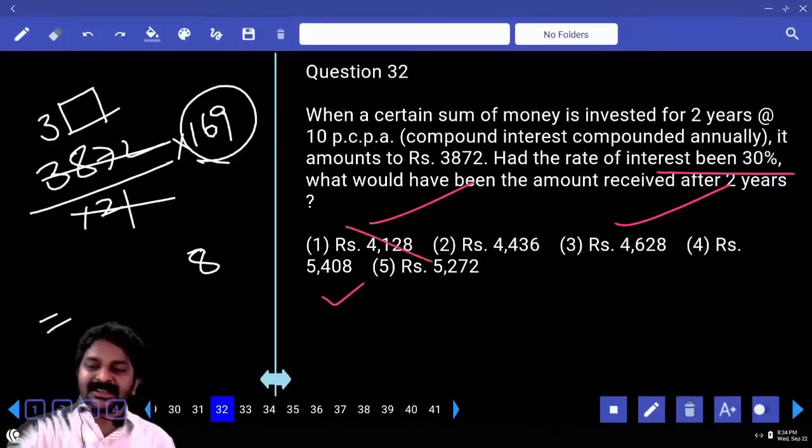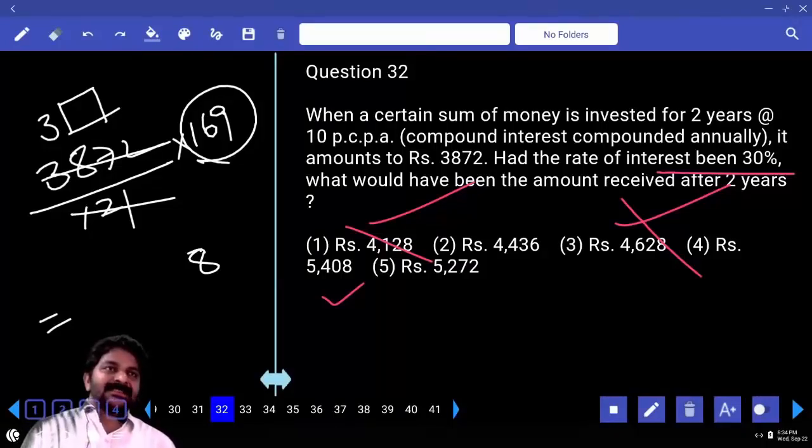I can eliminate first option and third option. Fourth option is our final answer. Hope you got it. First, by using last digit 8, we eliminated second option and then fifth option. Then 3 options are there. When you observe them, 2 options are starting with 4,000 something and 1 option starting with 5,000. So I just verified first digit.